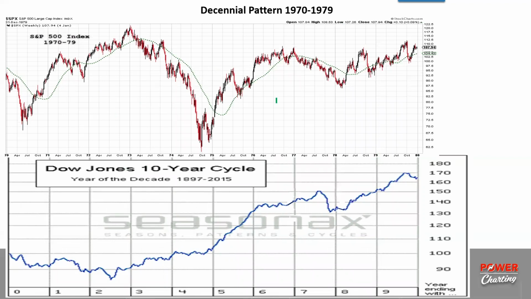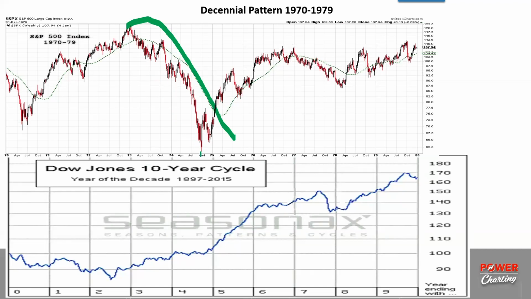Well, the 1970s was simply a hot mess. From 70 to 79, you had a giant trading range. And this decline was one of the worst declines that we'd had going back to the 1929 period on an inflation adjusted basis, because inflation was so exceptionally high in the 70s.